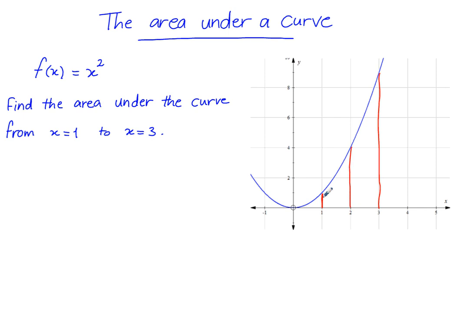If I draw a rectangle here, and then a rectangle here, and I find the area of this rectangle and add it to the area of this rectangle, I will be finding an estimate of the area under the curve from 1 to 3. Obviously, you can see that this is an underestimate, since there is still a gap here and here that we are not accounting for. But we'll just go with this for now.